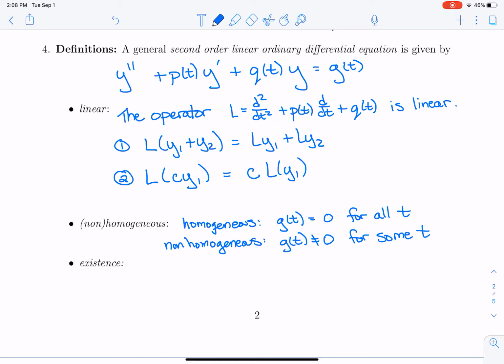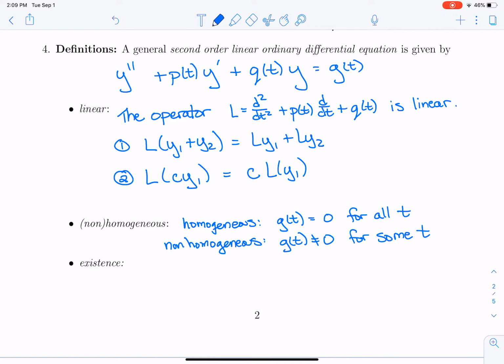And then we want to talk about existence and uniqueness. So I'm not going to get into the general existence and uniqueness theorems for second order differential equations, but I can tell you about when solutions exist if I'm dealing with a second order linear differential equation.